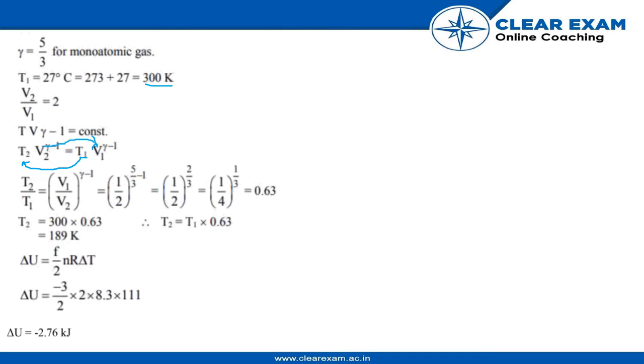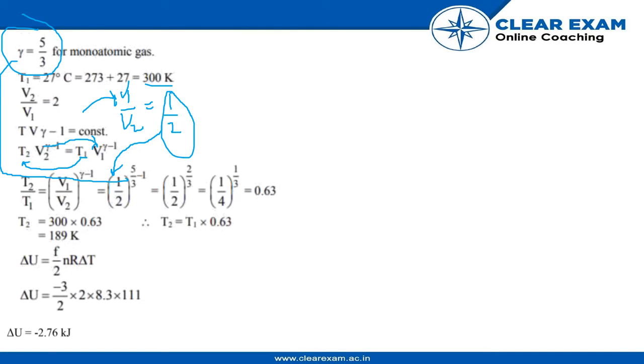Once you do this transformation, T2 by T1 is equal to V1 by V2 raised to the power gamma minus 1, and the value of V2 by V1 is given, so V1 by V2 comes out to be half. So just put this value over here, and put the value of gamma here.